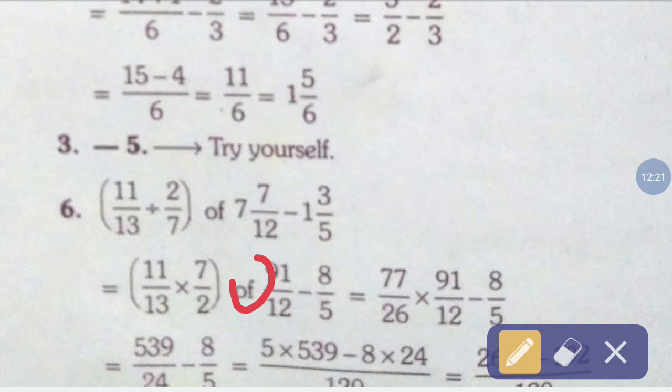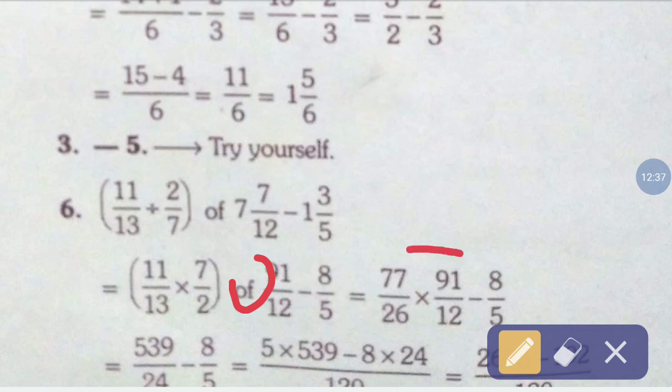Now we will proceed. Again we have to solve first of all the multiplication and then the subtraction. 77 upon 26 multiplied by 91 upon 12.